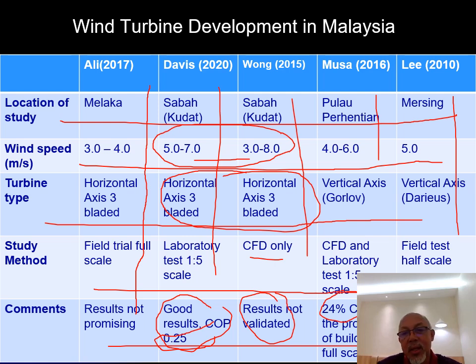So these are the things that you need to look at. And then in terms of study method, they found problems with using this and that and so on. So again, those are the things that you want to make use of inside your own work. Not only looking at this, they did that, and that's it. That's all. Okay.